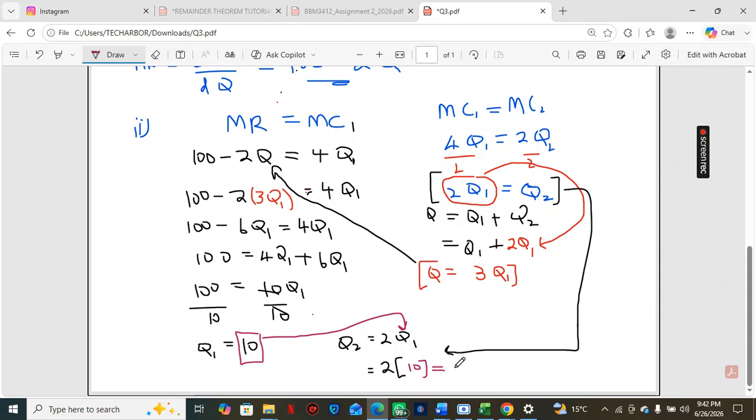So 2 times 10, that is 20 units. All right, that is 20 units.